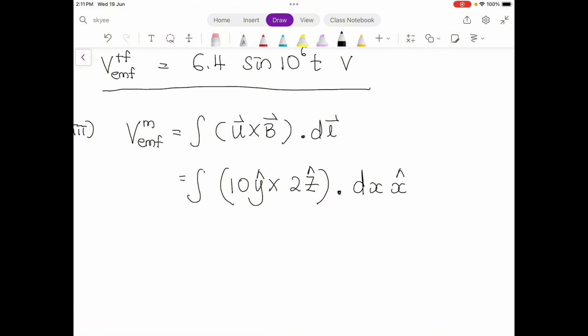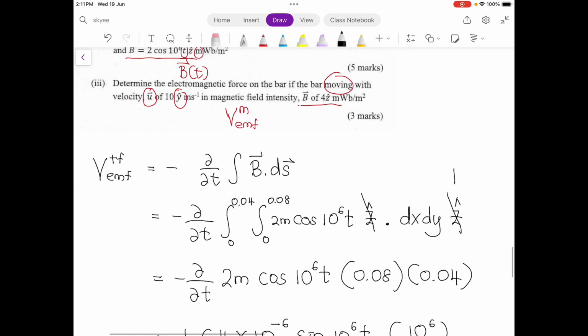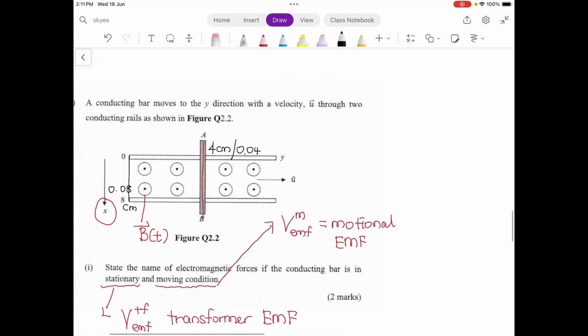Regarding the interval, you have to first determine the direction of the current. This is your original magnetic flux density, so the current will produce another magnetic flux that opposes it. As a result, your current flows in this way.